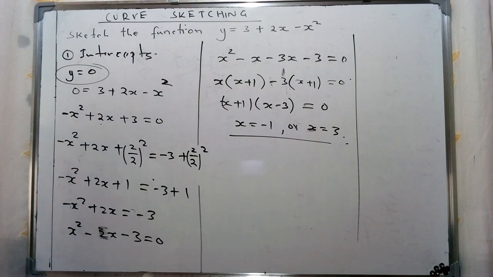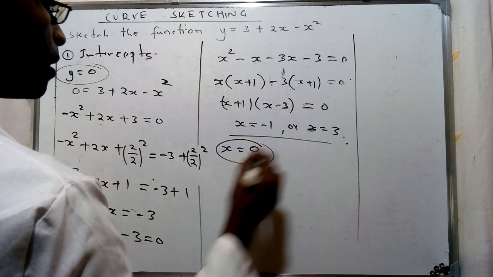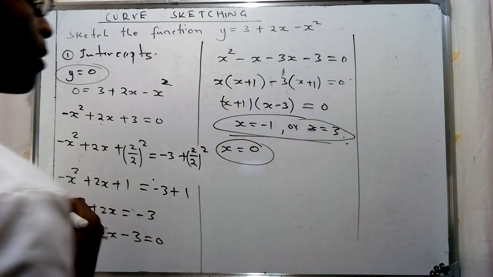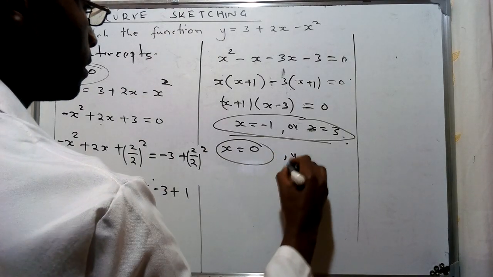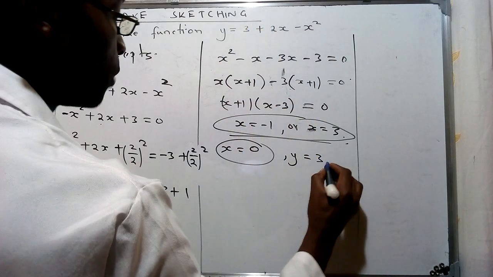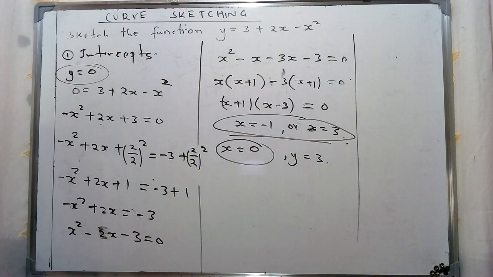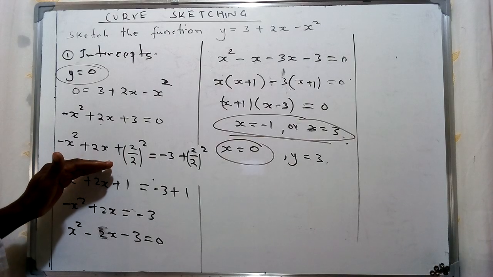And whenever we have a value of x equivalent to 0, this is going to be the y-intercept, so y is equivalent to 3. If you look at the coordinates for this particular graph, we have identified what we refer to as the intercepts.